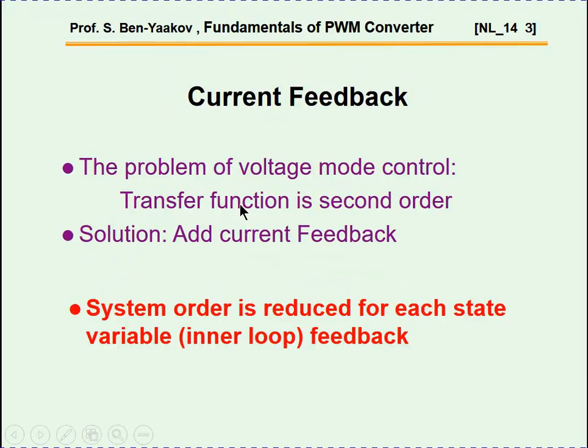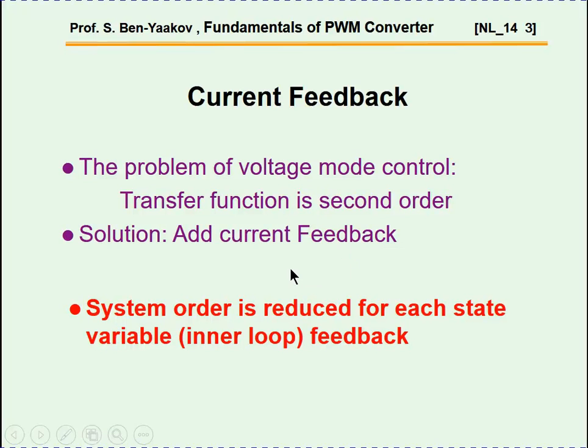Now, current feedback then is used in a voltage controller to improve the dynamics and stability. The system of a voltage mode control suffers from the fact that the transfer function is second order. And as is shown in part 1 and part 2 of this lecture, a second order system is more difficult to control, and therefore by adding a current feedback, what is really happening is that the second order system becomes a first order system.